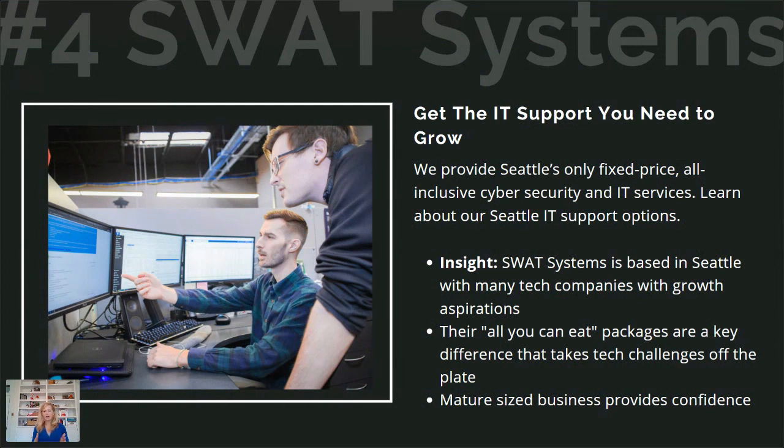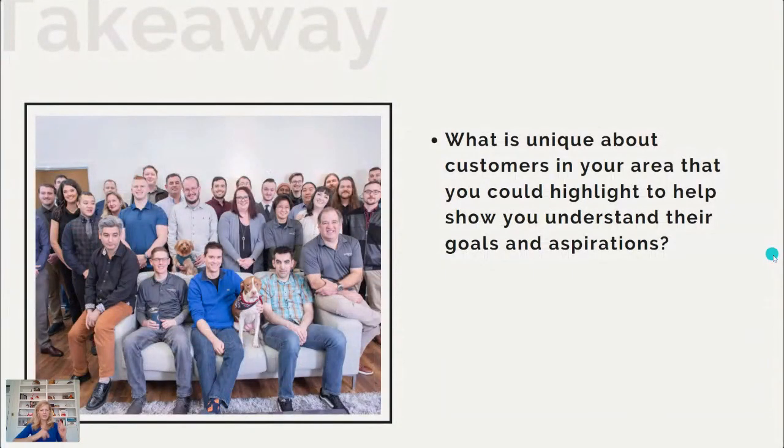So their all-you-can-eat packages were quite unique to their area, and they're also a very mature-sized business. So showing photos of their team provides a lot of confidence and credibility as well. So that was some of the choices we made to show their nice team.